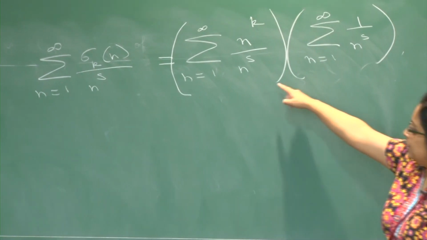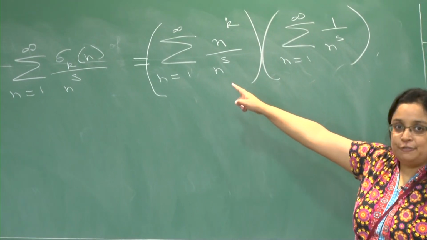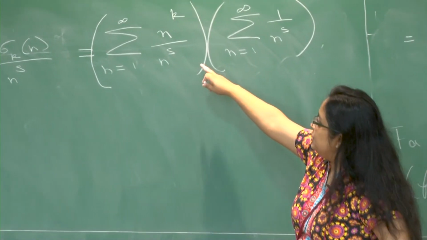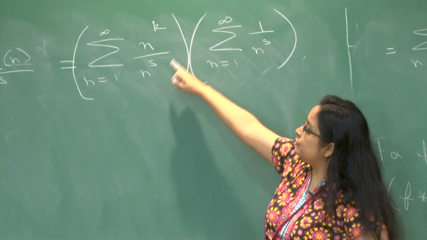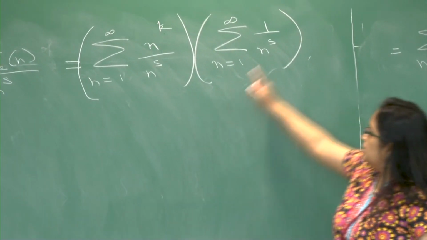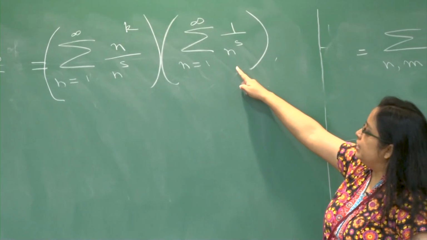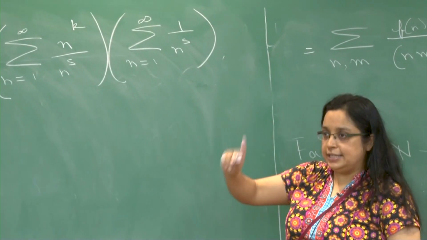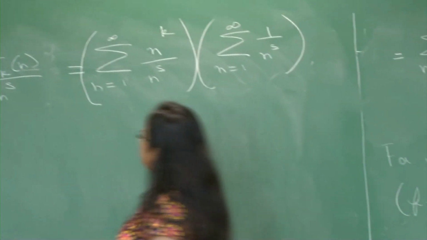Okay. But notice you have to be mindful of where this is absolutely convergent. So, this series is absolutely convergent when real part of s minus k is greater than 1. This is absolutely convergent when real part of s is greater than 1. Okay. So, between 1 and k plus 1 you take the maximum.